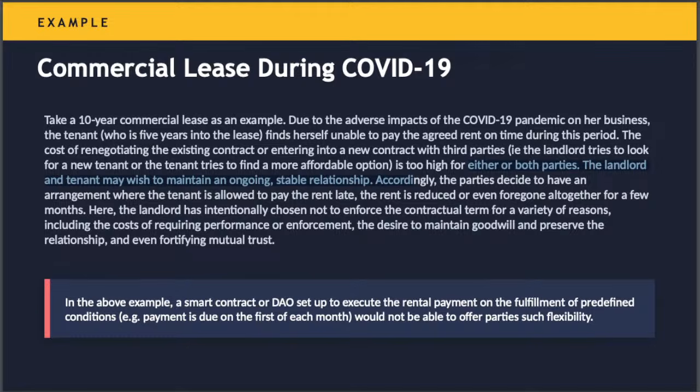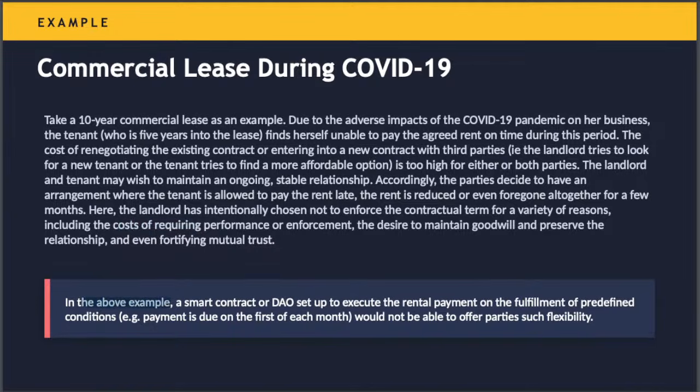The landlord and tenant may wish to maintain an ongoing stable relationship. Accordingly, the parties decide to have an agreement where the tenant is allowed to pay the rent late and the rent is reduced or even foregone altogether for a few months. Here, the landlord has intentionally chosen not to enforce the contractual term for a variety of reasons, including the cost of requiring performance or enforcement, the desire to maintain goodwill and preserve the relationship, and even fortifying mutual trust, not to mention the cost of getting a new tenant.